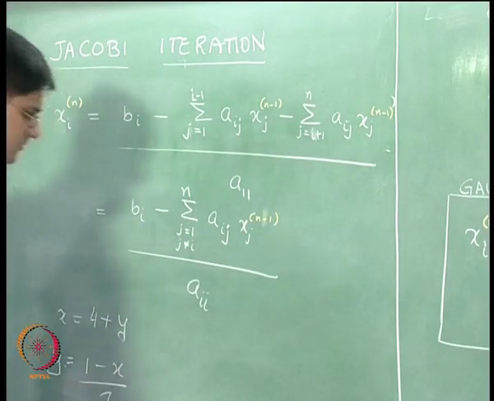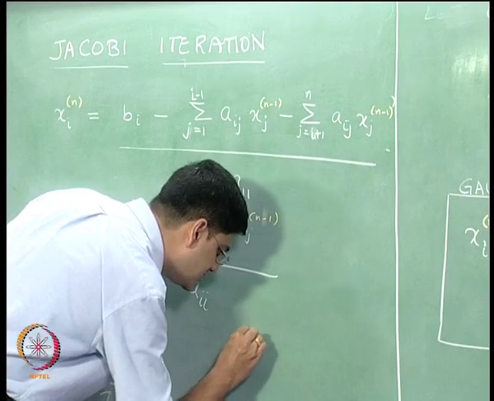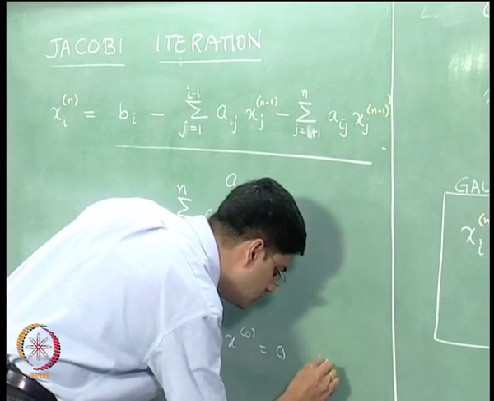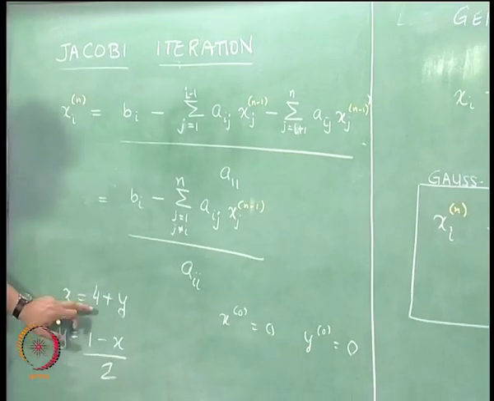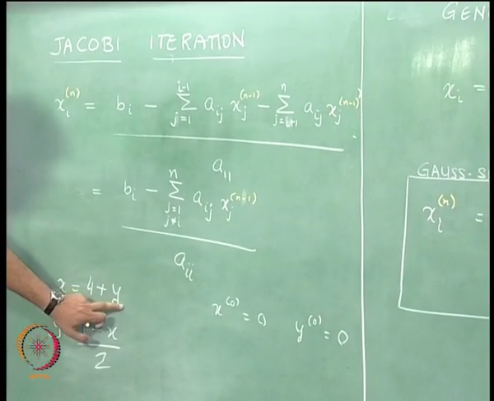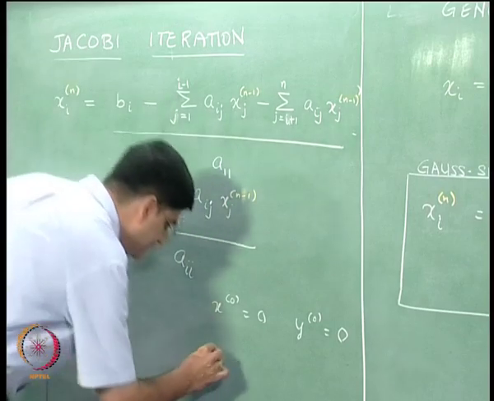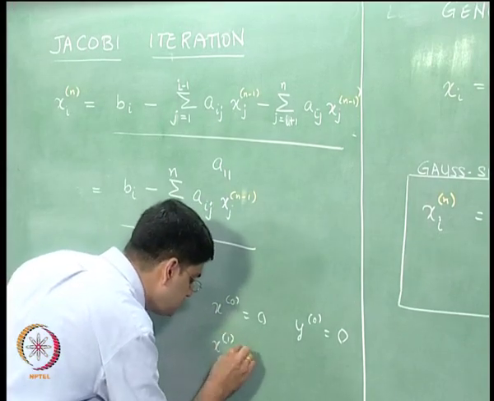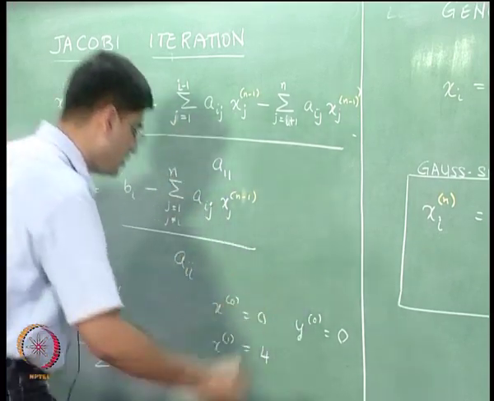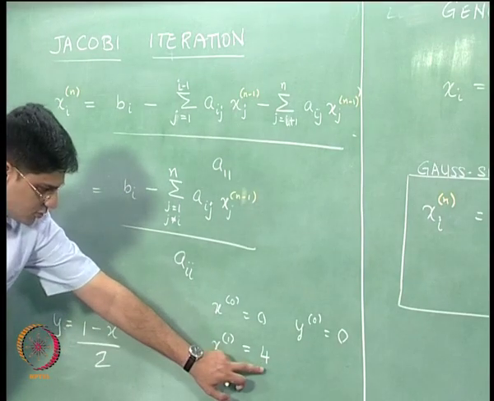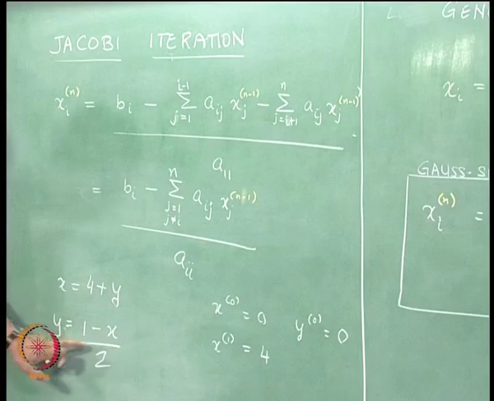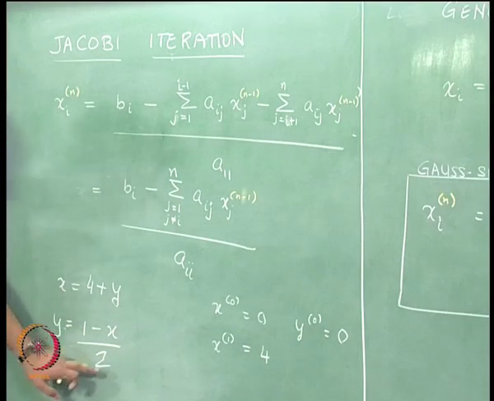So what we did was we started with x0 equal to 0, y0 equal to 0, we substitute the value of y0 over here and get x1 equal to 4. What we did in the Gauss-Seidel method is then substitute this value of 4 in this equation, and we got 1 minus 4 divided by 2 equal to minus 1.5.